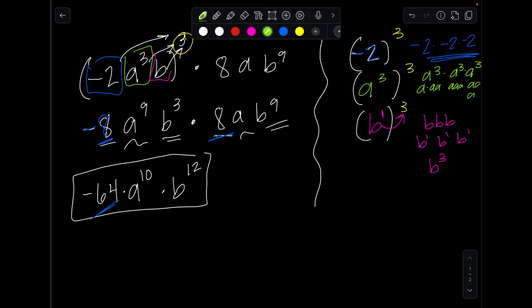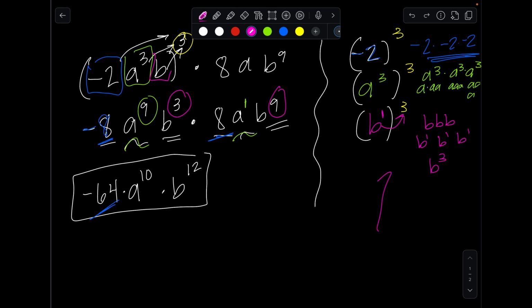And then you take your a's. There's 9. You're multiplying it by another 1 as well. So you're multiplying 10 altogether, 9 plus 1. And you're taking your 3 plus your 9, because 3 b's are multiplied by 9 b's. So that's 12 b's total. So this is the theory.